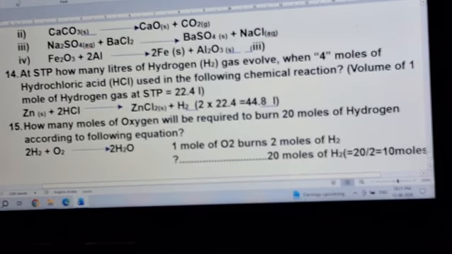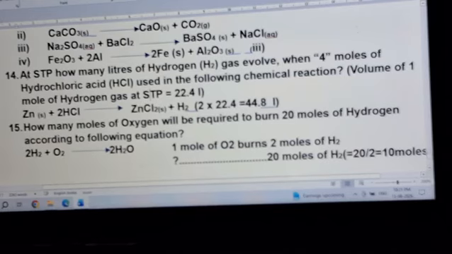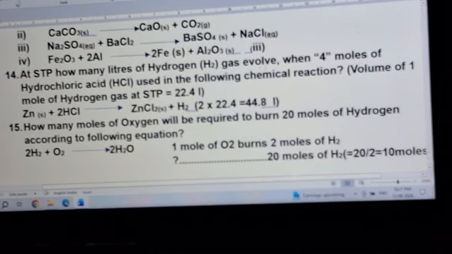Now, in this balanced chemical equation, Zn + 2HCl gives ZnCl2 and H2. Here for balancing, you have got 2 for hydrogen.